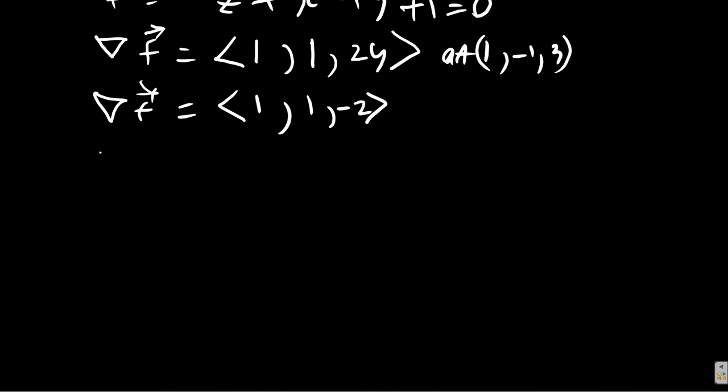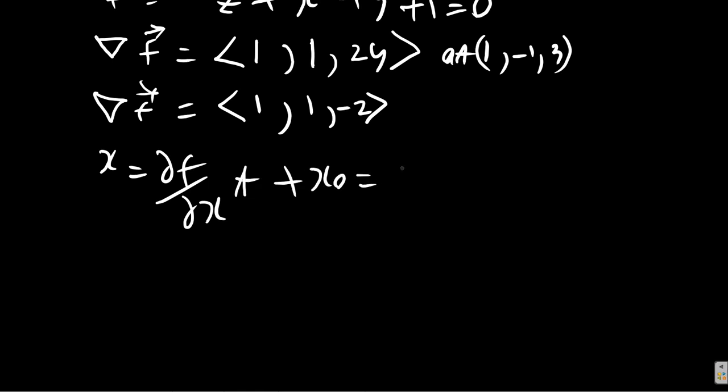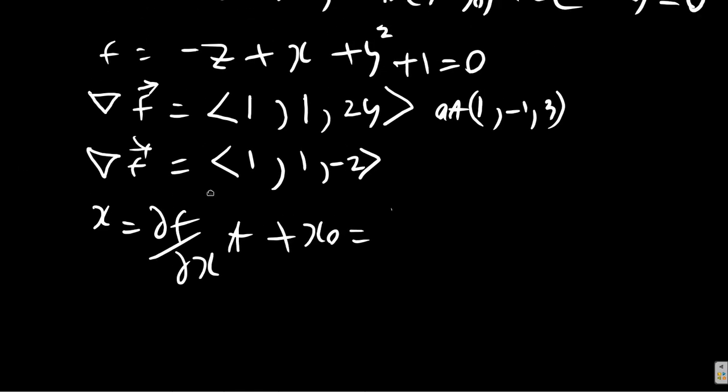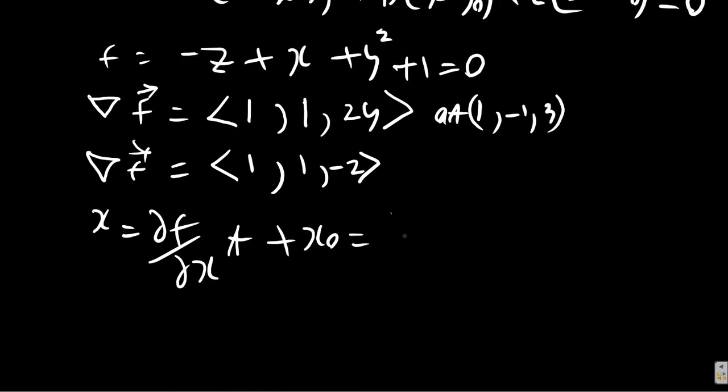So x is equal to delta f by delta x times t plus x0. In this case, delta f by delta x at the point, we know it is 1 times t plus x0, which is 1, so it is t plus 1.